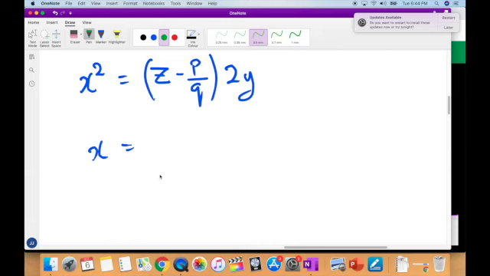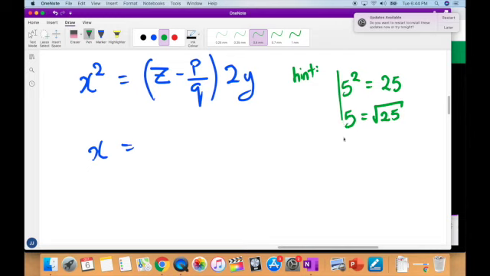The square roots. Yeah? So the hint here is that if I have 5 squared is 25, and so in order to get rid of the square, I have to find the square root of 25. And is this not correct? You understand that, Scotia?